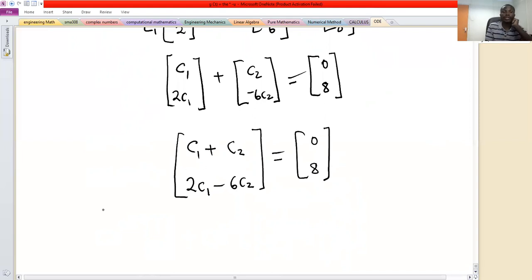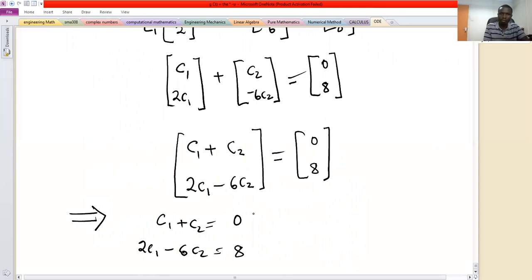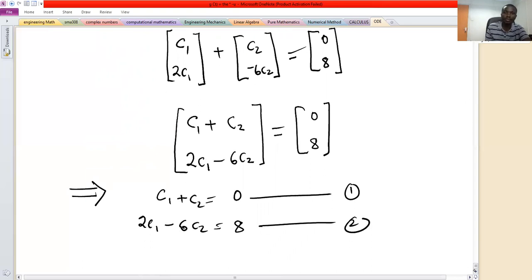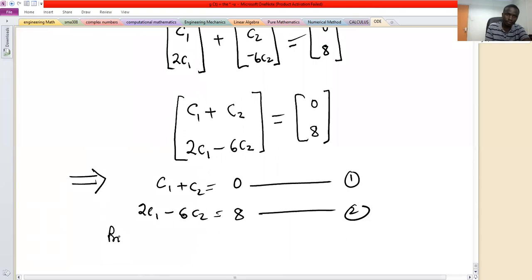For this equality to make sense, c1 plus c2 must be 0, and 2c1 minus 6c2 should be 8. Call this one equation 1 and this one equation 2. These are just simultaneous equations in c1 and c2. So from 1, c1 equals minus c2.